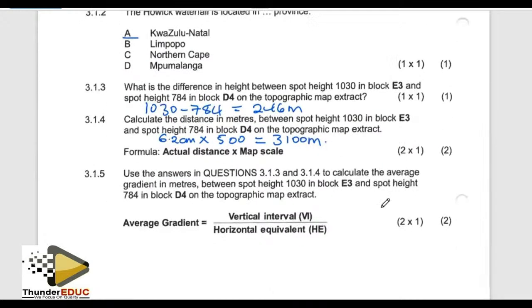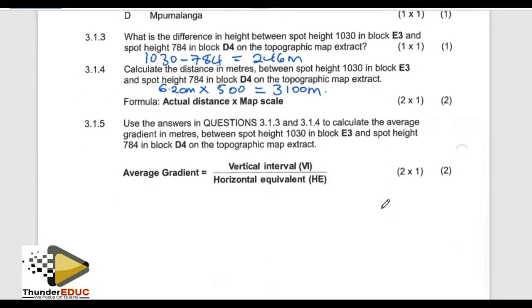Then 3.1.5, they say use the answers in 3.1.3 and 3.1.4 to calculate the average gradient between the two spot heights. So 3.1.3, our answer is 246 meters, and 3.1.4, our answer is 3,100 meters.